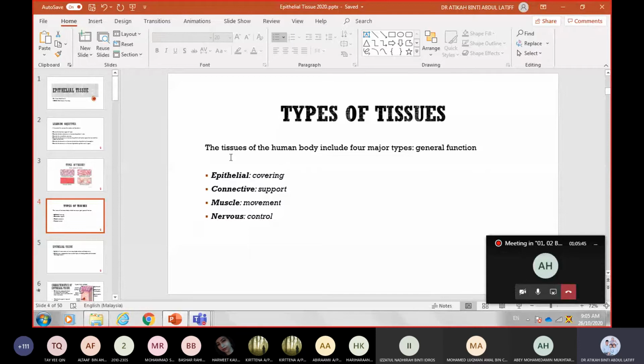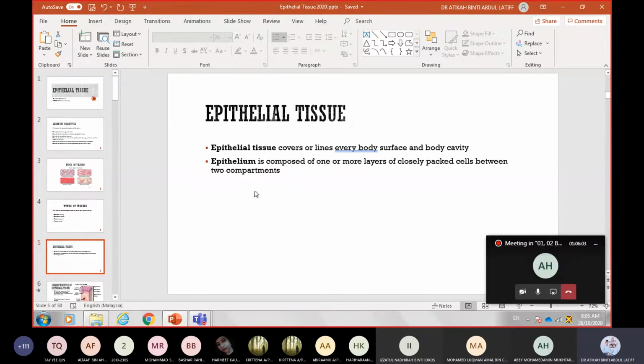Okay, so according to the four types of tissues, the general functions are, for epithelium, it's mostly for covering. For connective tissue, it's for support mainly, for muscle for movement, and nervous system is for control of the body movements. Okay, so what is epithelial tissue? It's basically tissue that covers or lines the surface of the body and cavity as well.